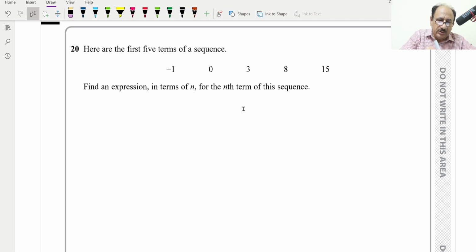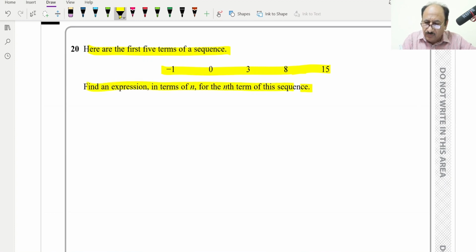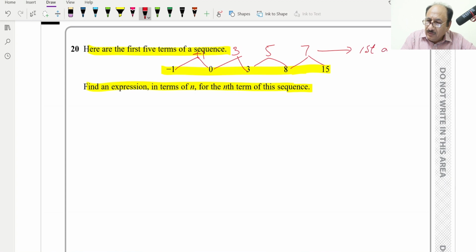Now question number 20. Here they have provided the first 5 terms of the sequence. These are the first 5 terms, and we must find the expression in terms of n for the nth term of the sequence. Now what we'll be doing is checking the first order difference, and you can see this is plus 1, then plus 3, then adding 5, then adding 7. So this is the first difference.